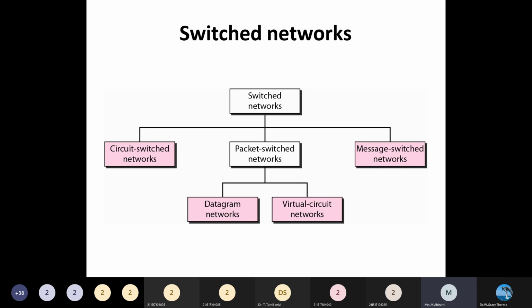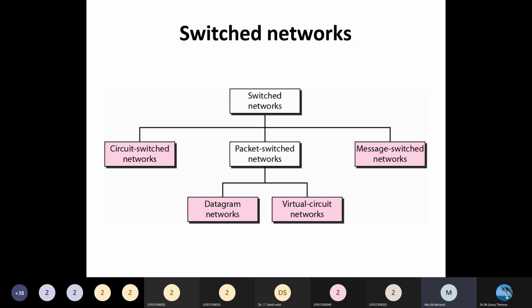The packet switched networks are again classified into datagram networks and virtual circuit networks. Primarily, networks are classified into circuit switched networks and packet switched networks.